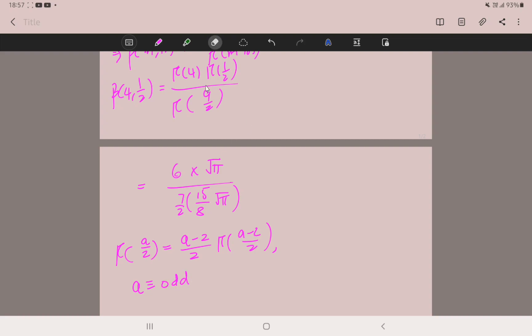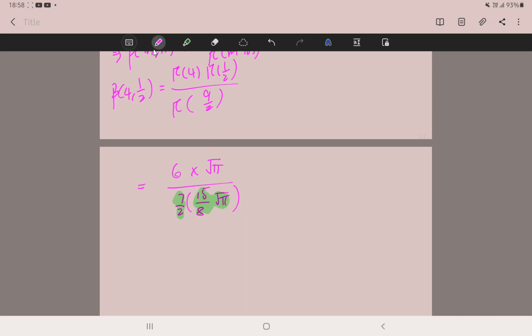For example, if it is 9/2, then 9 minus 2 is 7, so 7/2 times the gamma of 7/2. That's why I wrote here 7/2 times the gamma of 7/2, which is 15/8 times pi. So that is the basic foundation of the gamma function that you need to remember.